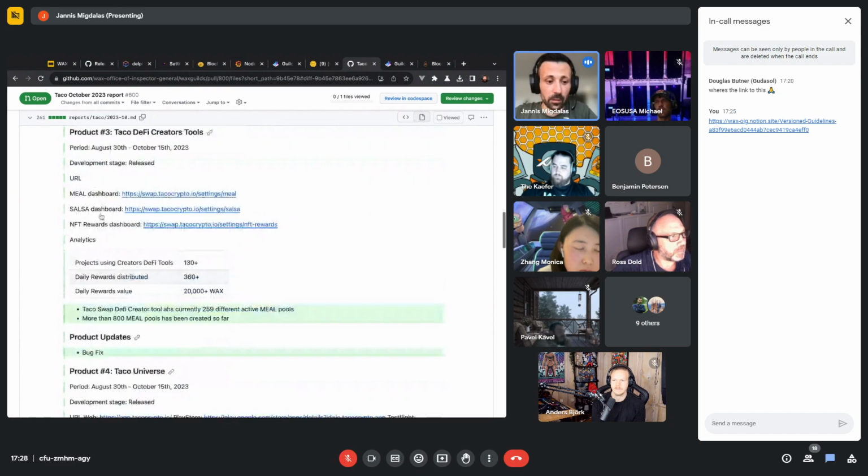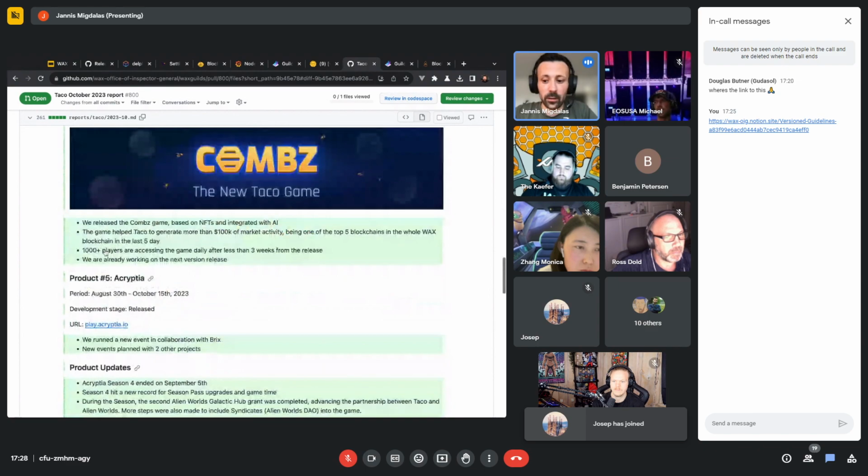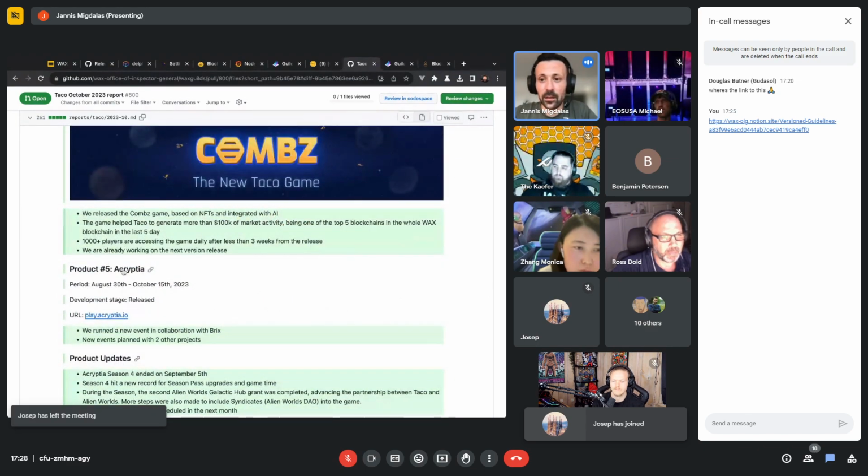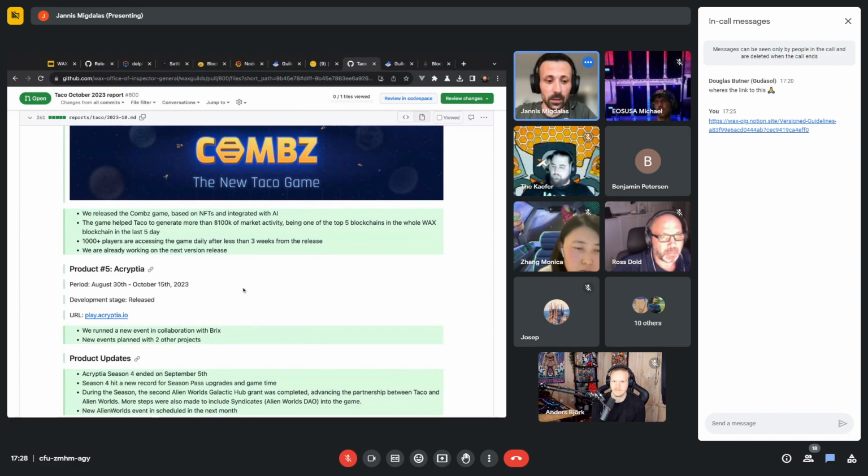And that goes on with product 3, product 4, product 5, and this essentially repeats whatever we have inside the guild report defined as product and ecosystem contributions.